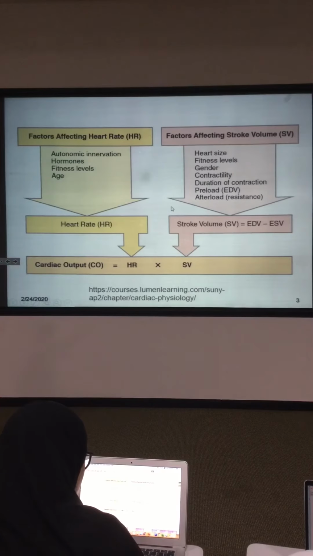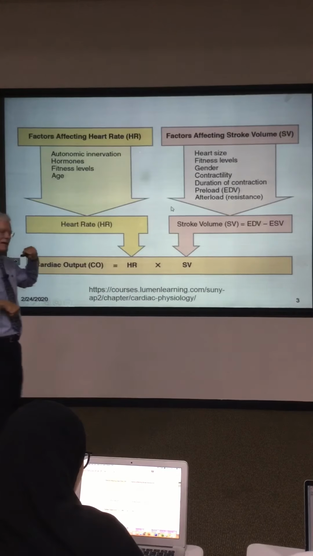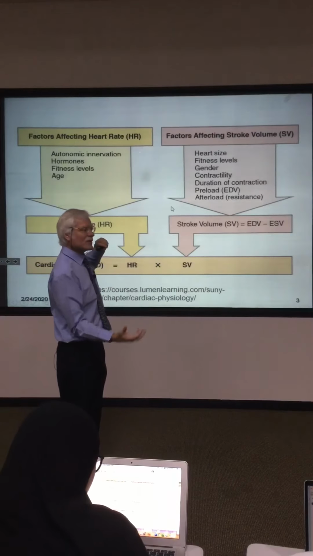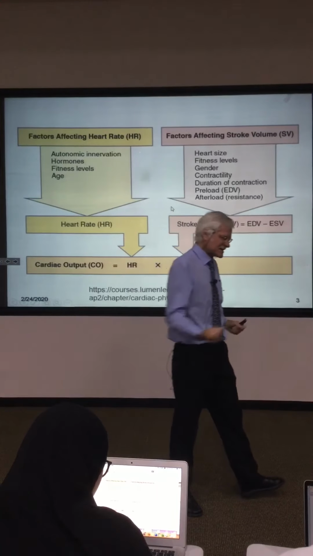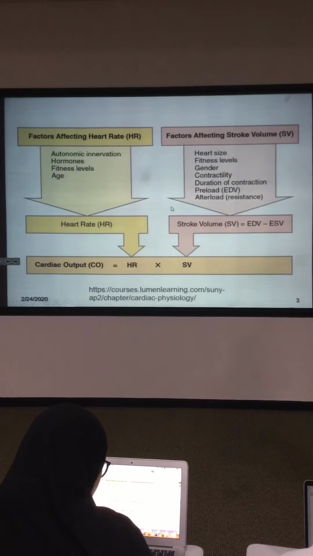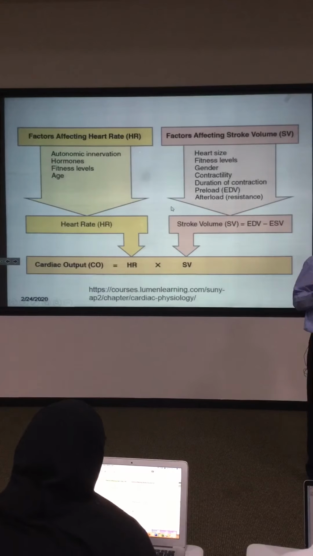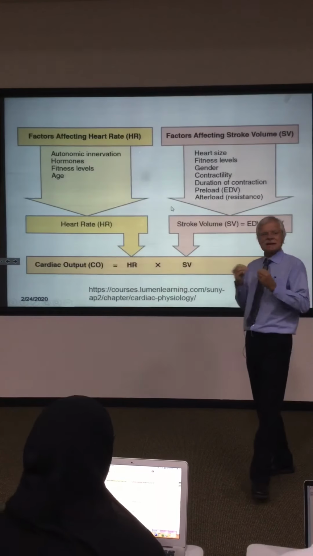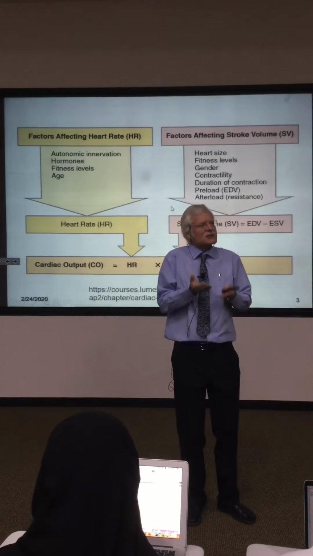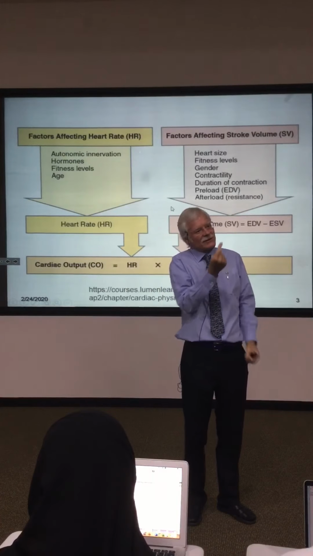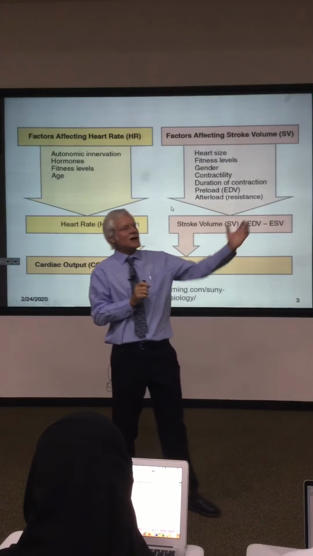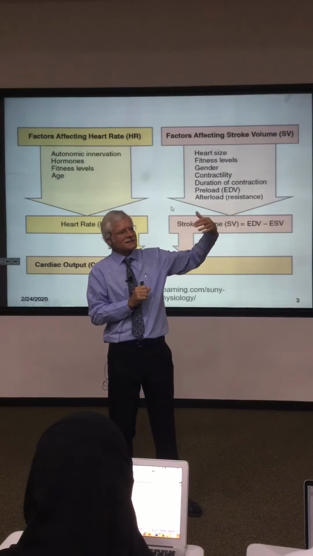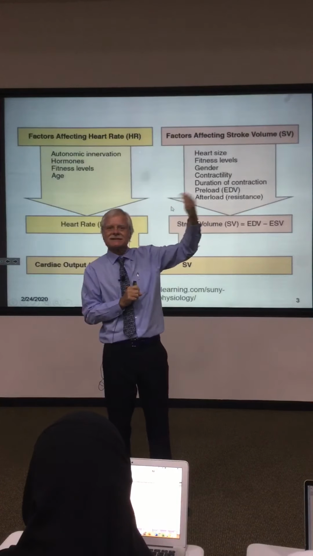Afterload, very briefly, is the load or the resistance to blood coming out of the heart. So, for example, our blood pressure is normally about 120/70, something like that. But if you have somebody with hypertension, where the blood pressure is much higher, so look at the pressure in the aorta, for example, if it's much higher, it means the heart will have to work harder, won't it, to pump blood into that high pressure circuit.